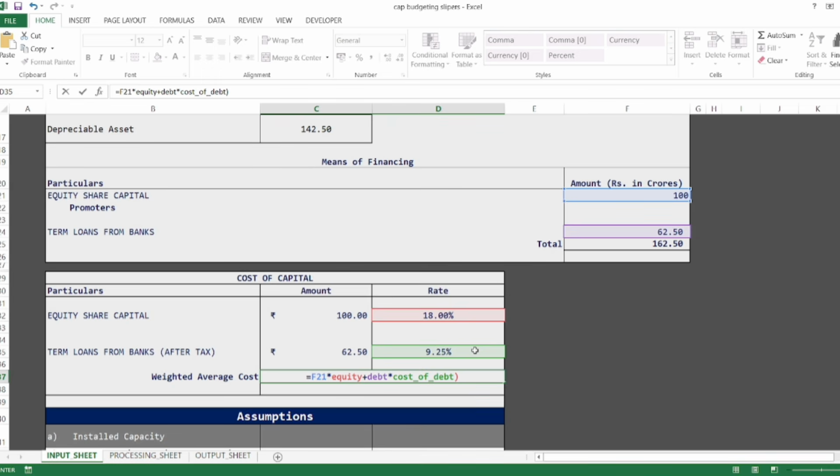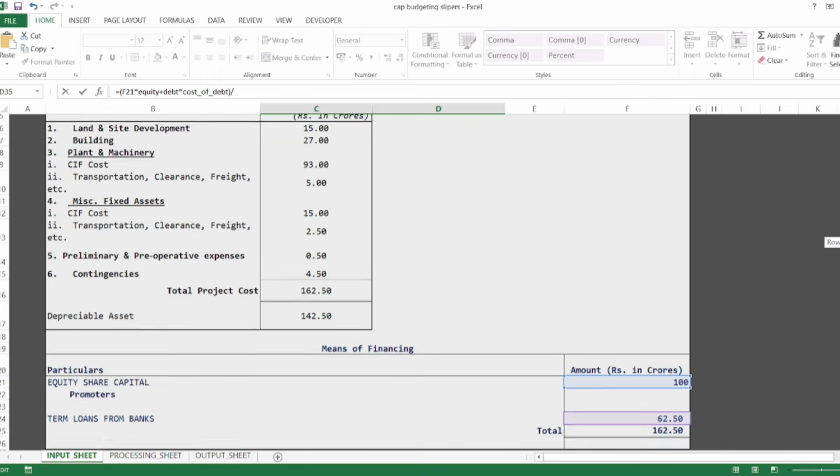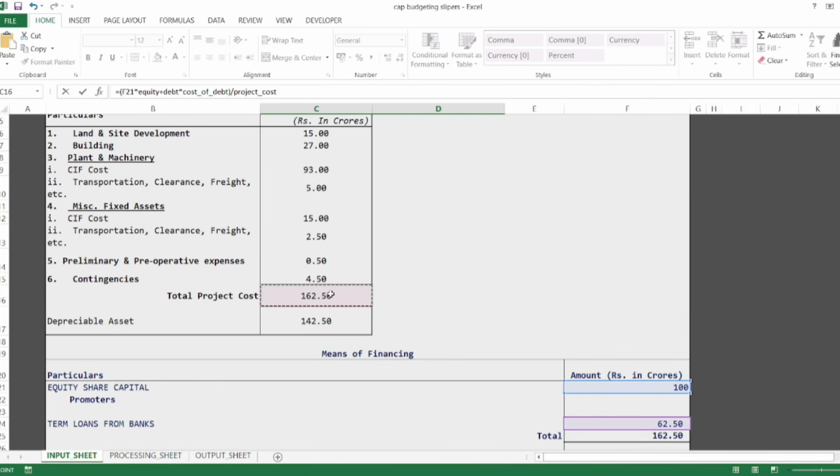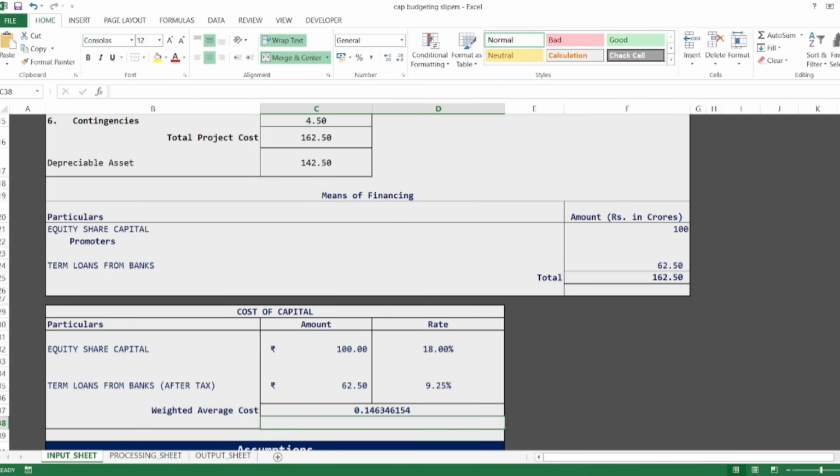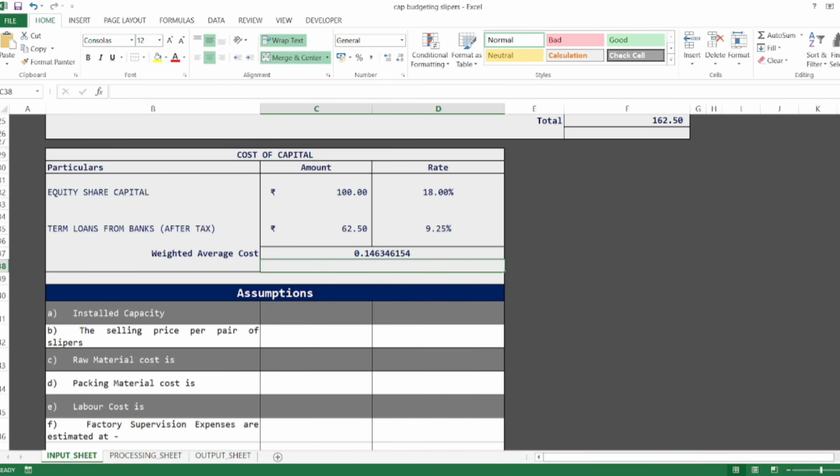Then close the bracket and divide it by the project cost that we had renamed earlier. So we'll select that cell, and this is how we will calculate our weighted average cost.